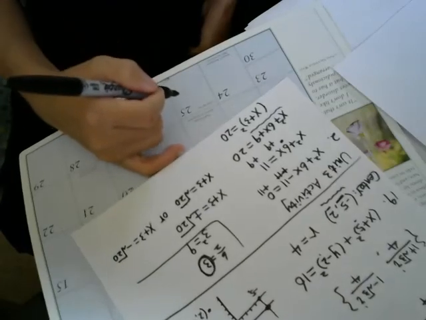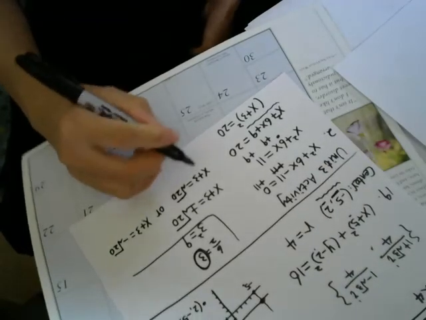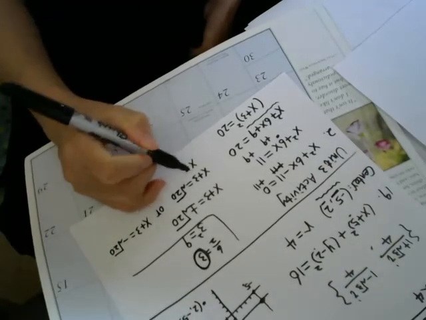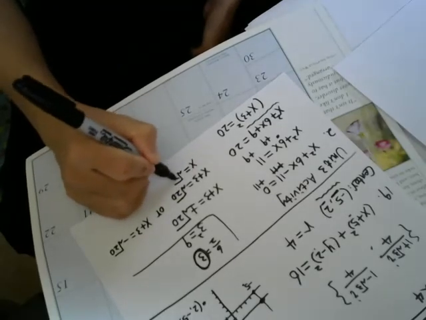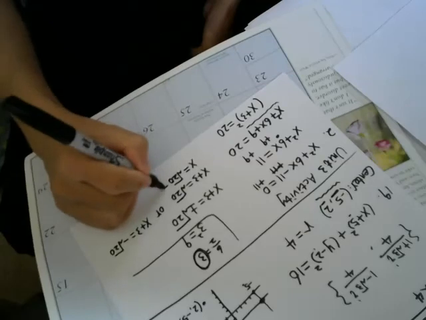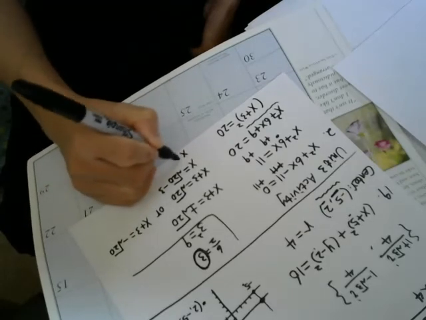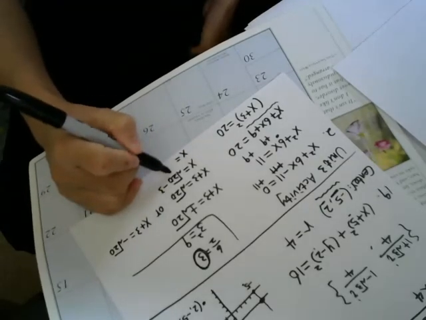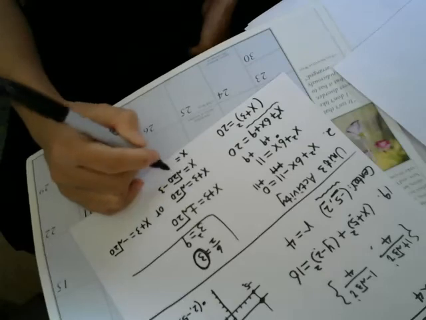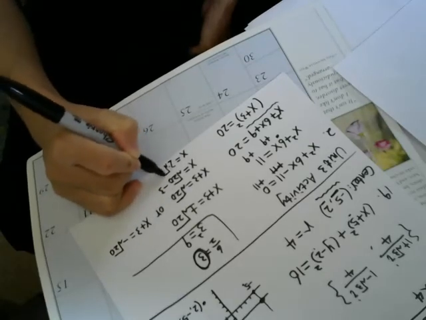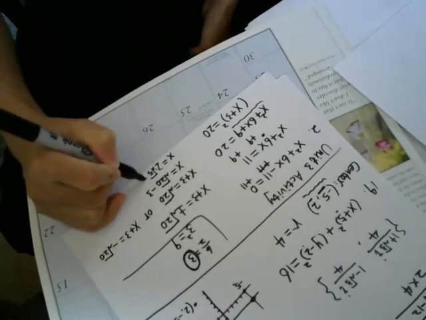Okay, so let's solve the first equation. We solve it by subtracting 3 from both sides, and it becomes x equals square root of 20 minus 3. Remember, square root of 20 can be rewritten as square root of 4 times 5. Square root of 4 is 2, times square root of 5, minus 3.